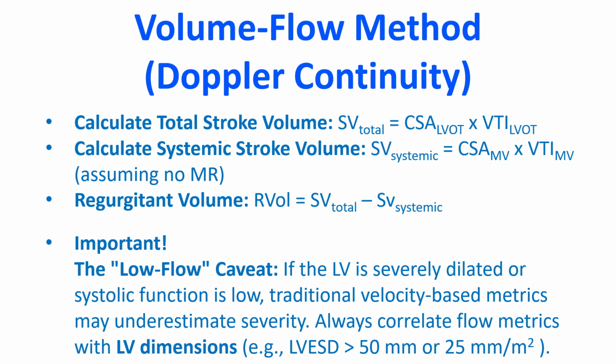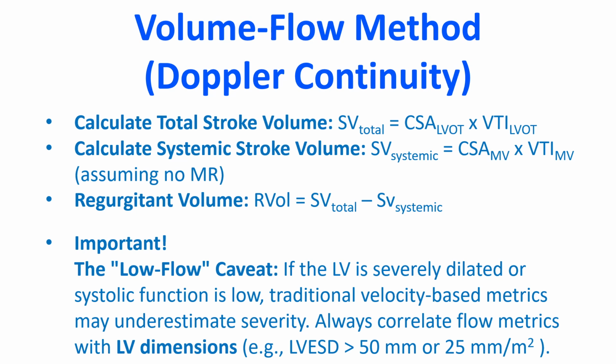Calculate systemic stroke volume, which is equal to cross-section area of the mitral valve times velocity time integral of the mitral flow, assuming that there is no mitral regurgitation. Regurgitant volume will be stroke volume total minus stroke volume systemic.